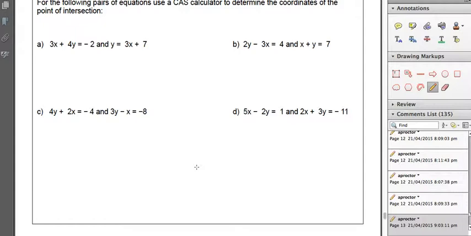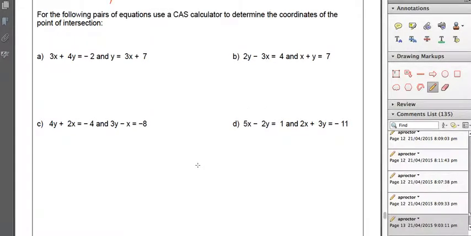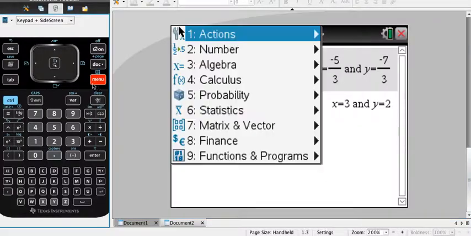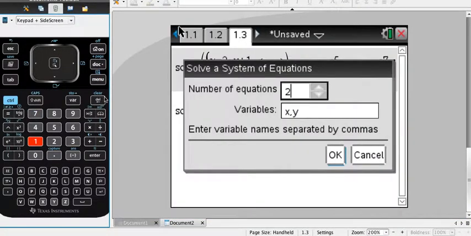What you can do as well is get a little bit of practice. There are 4 examples here for you to have a go putting into your calculator and determining the point of intersection. So remember, menu 3, 7, 1. So let's do this first one. 3x plus 4y equals negative 2. So menu 3, 7, 1.